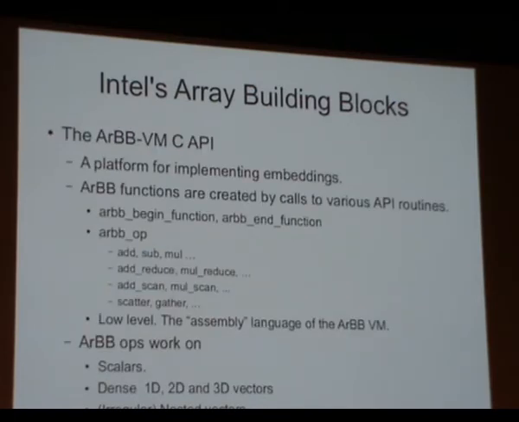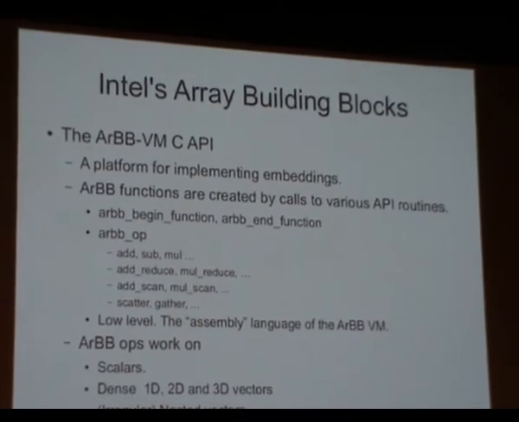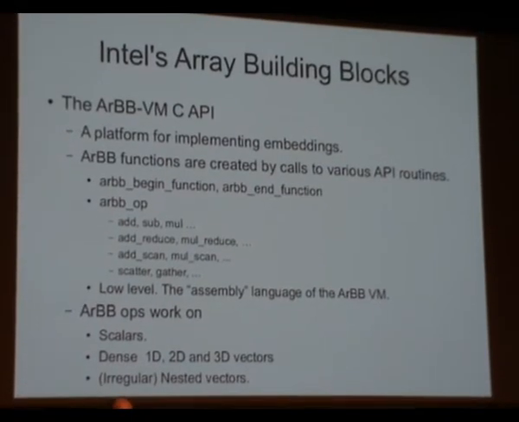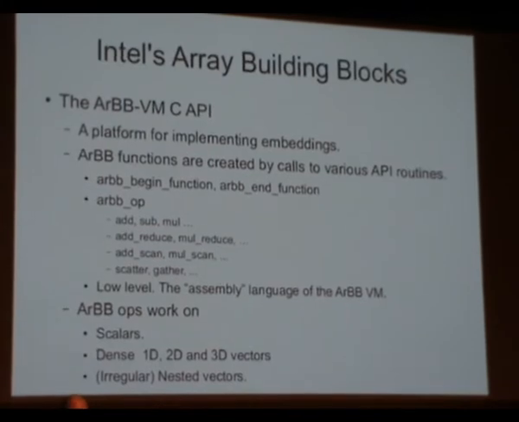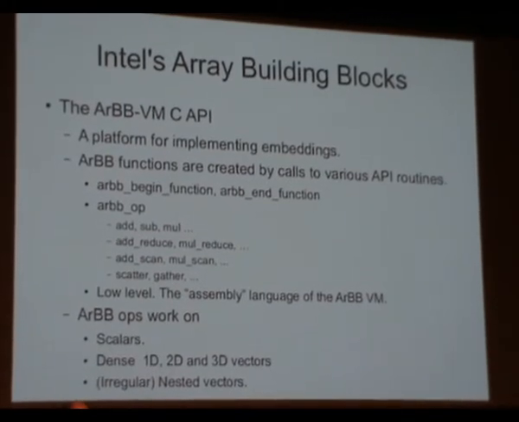The C API is a really cool part of ArBB. It's a platform for implementing other embeddings on top of ArBB, and those embeddings will get the vectorization and threading for free. You create functions in ArBB by calls to this C API, like begin function and end function.